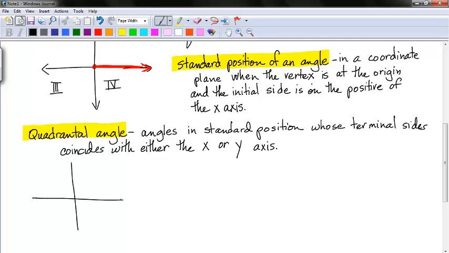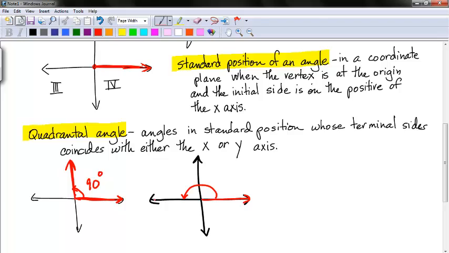So let me draw a couple sketches here. Here's an example. If we start here, and I can rotate this up, my terminal side is there. So that would end up to be a positive 90 degrees. If I start on the positive side of the x-axis, I have to end on either the x or y axis.